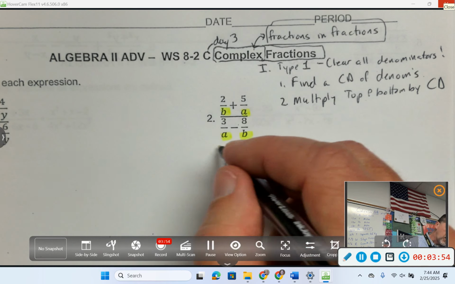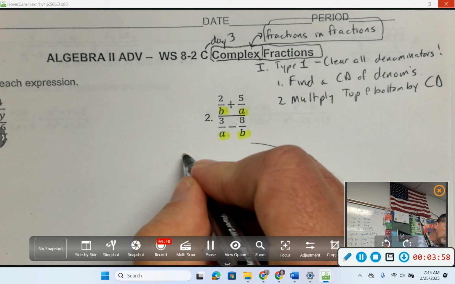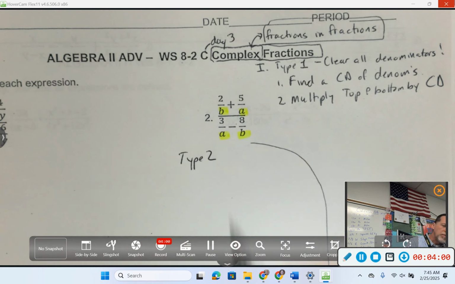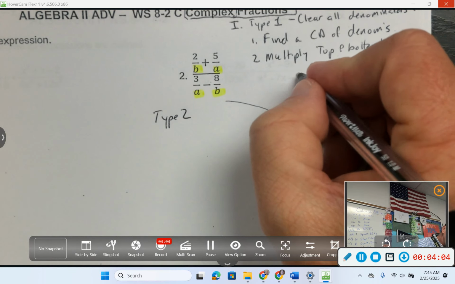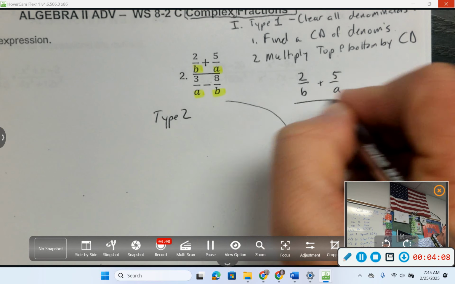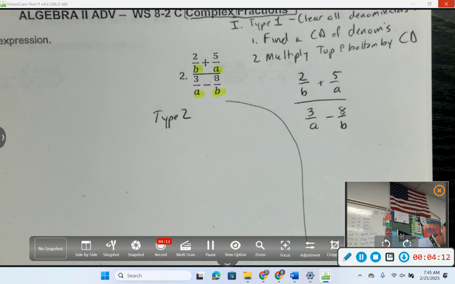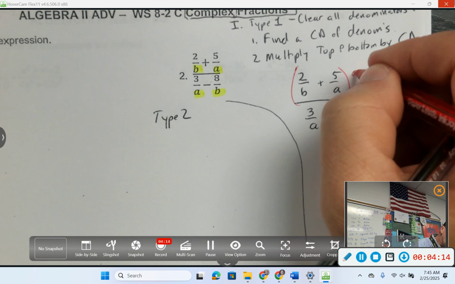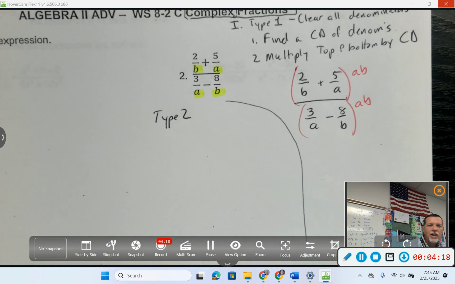So I'm going to try to work this over here, and we'll do type 2 there. So 2 over B plus 5 over A, 3 over A minus 8 over B, and I'm going to multiply the top by AB and the bottom by AB.